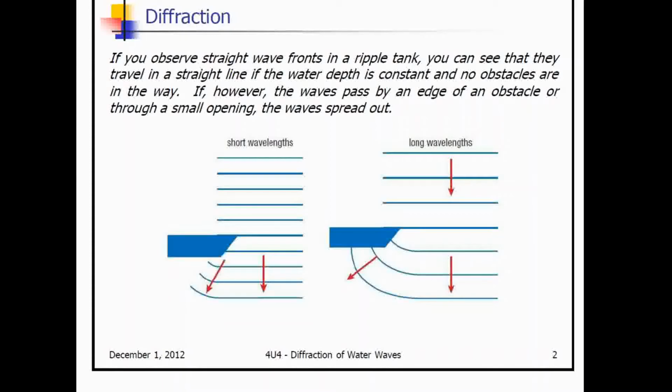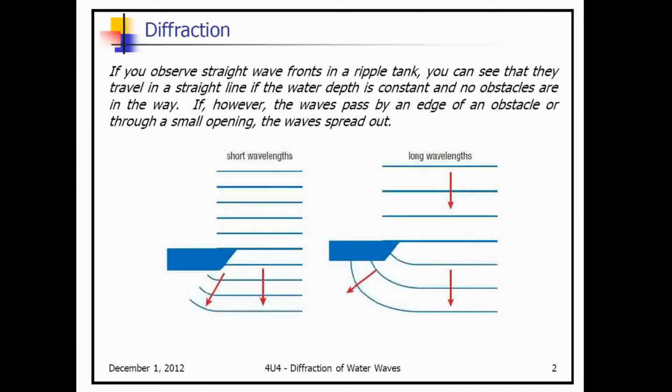Back to diffraction. One other thing we can do in ripple tanks is add other disturbances. After the wave has occurred, we can put in blocks or other things that will affect the wave. What we see here is a block with a beveled end, and our waves are propagating as straight lines.